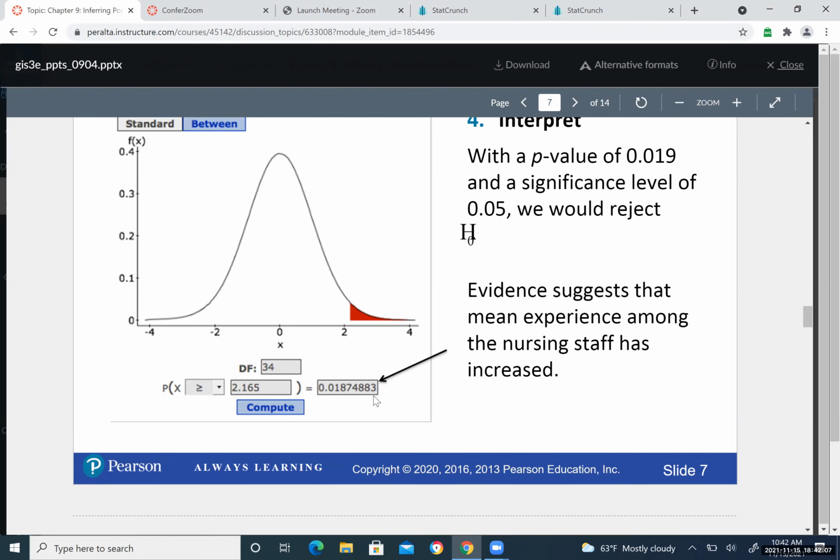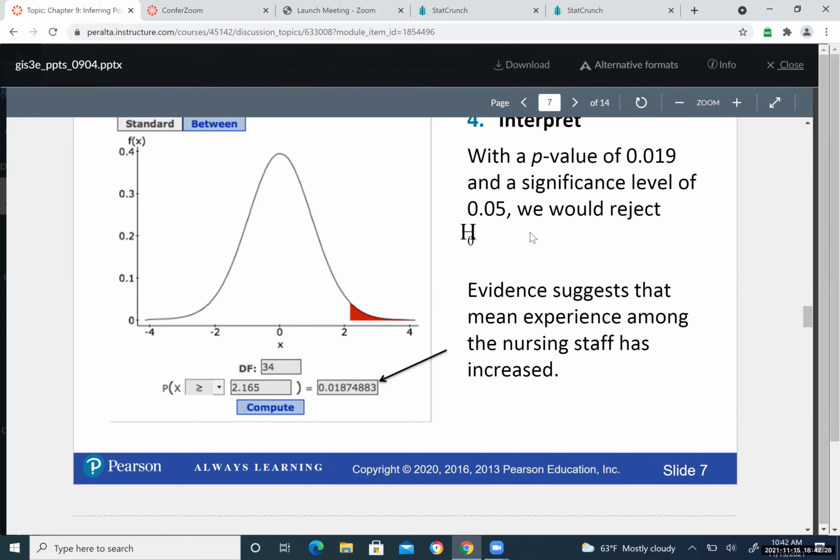When we're doing that, with the p-value, you compare this value with alpha. So for 0.05, you compare this with 0.0187. Which one is bigger? Alpha is bigger, right? So the p-value is smaller.